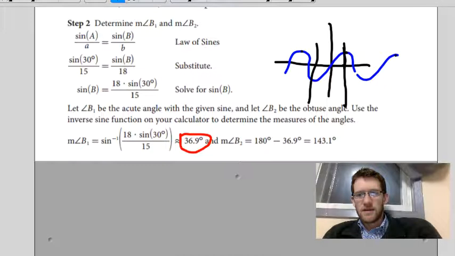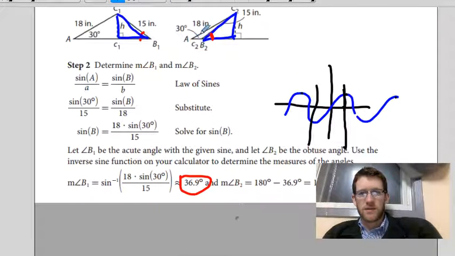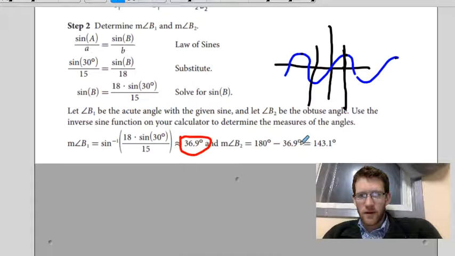We realize that it's going to be obtuse, so in this case we can do 180 minus 36.9, and I'll prove it here with the calculator. If we take the sine of both these values, we should get the same thing, right?